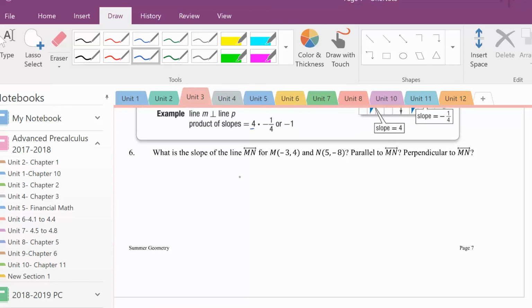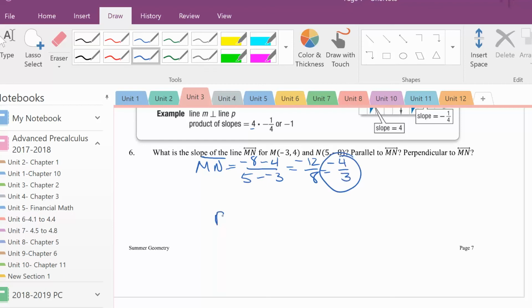So this question number 6 says, what is the slope of MN? So you go y2 minus y1 over x2 minus x1. So you get -12 over 8, which reduces to -4/3. So that is the slope of MN.